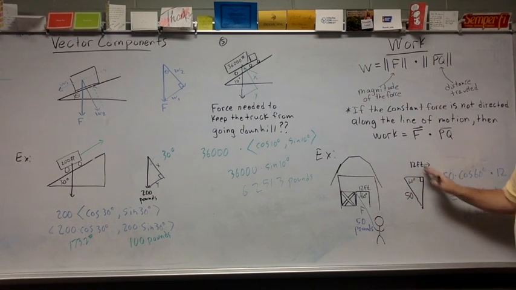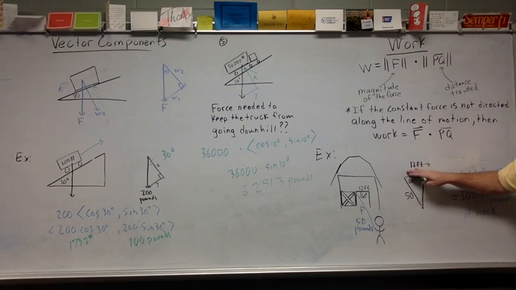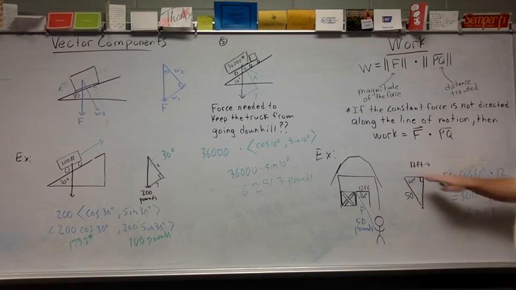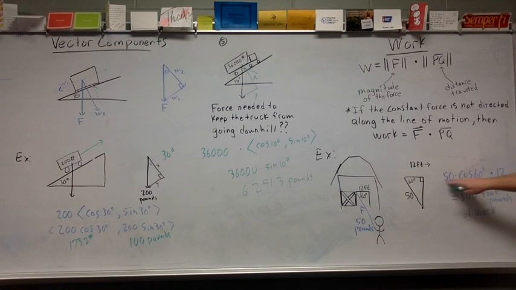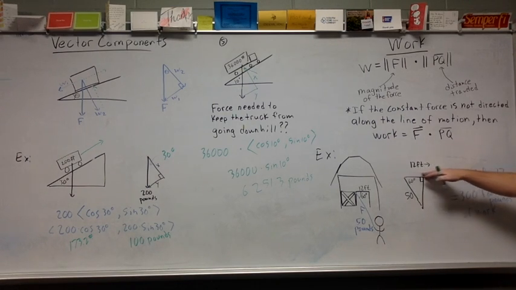So here's the triangle we're dealing with, 50 pounds of force, 60-degree angle, and we're moving 12 feet. So the first thing I need to do is figure out my force. Since we're looking for the horizontal, we're looking for cosine of 60 times the 50 pounds of force. This is my force in the x direction.